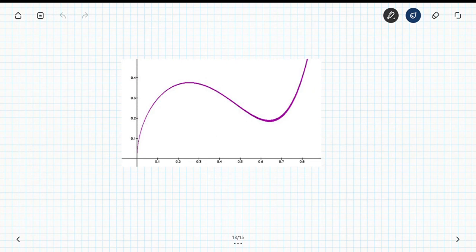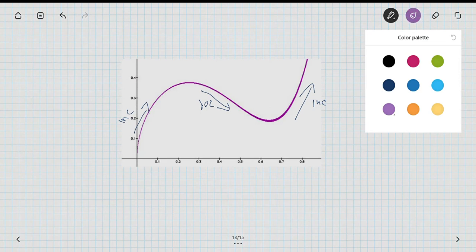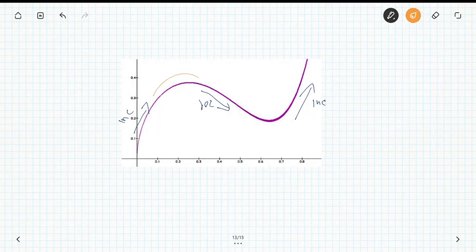The first thing I want to do is say that this function right here is increasing, and then in this region it's decreasing, and then in this region it's increasing again. So I want to make sure that I label, with little curves, this part and this part.